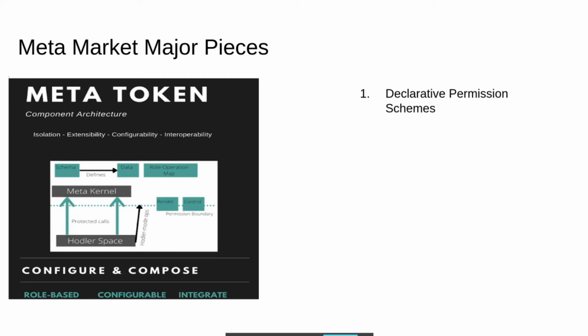Within the kernel is also what I call a role operation map, which allows you to create sophisticated permission schemes based on various role types. So you could have, for example, a public role type where anyone can interact with your token to perform certain types of operations, but not others.